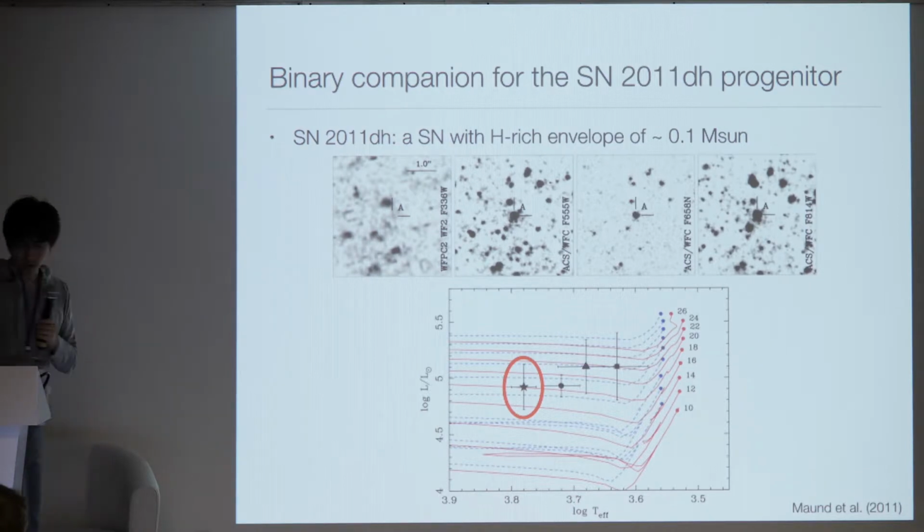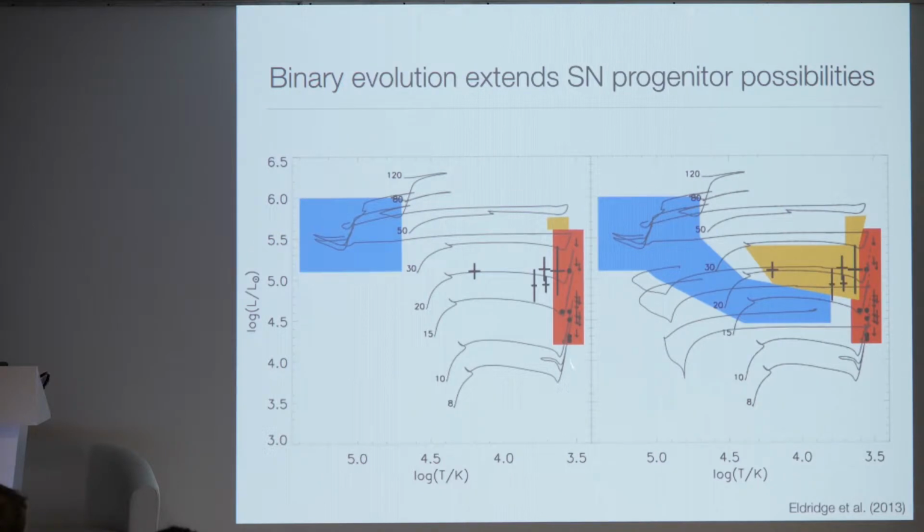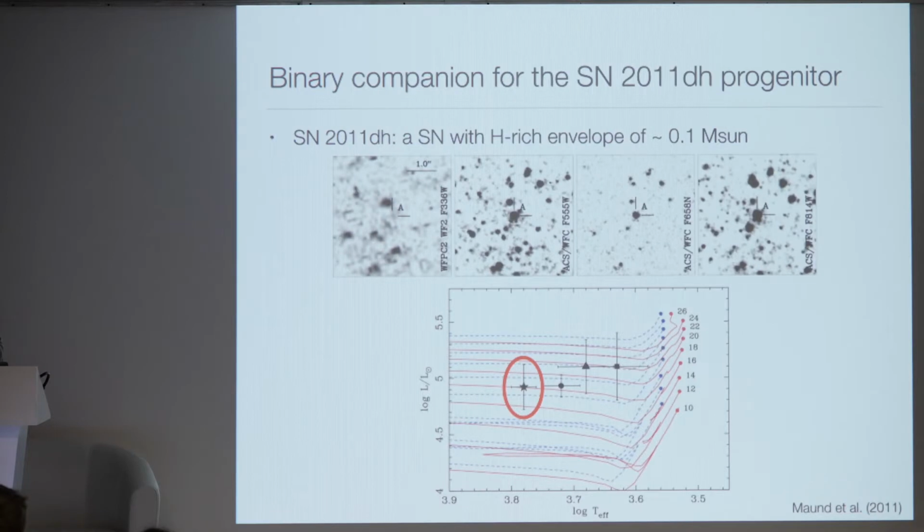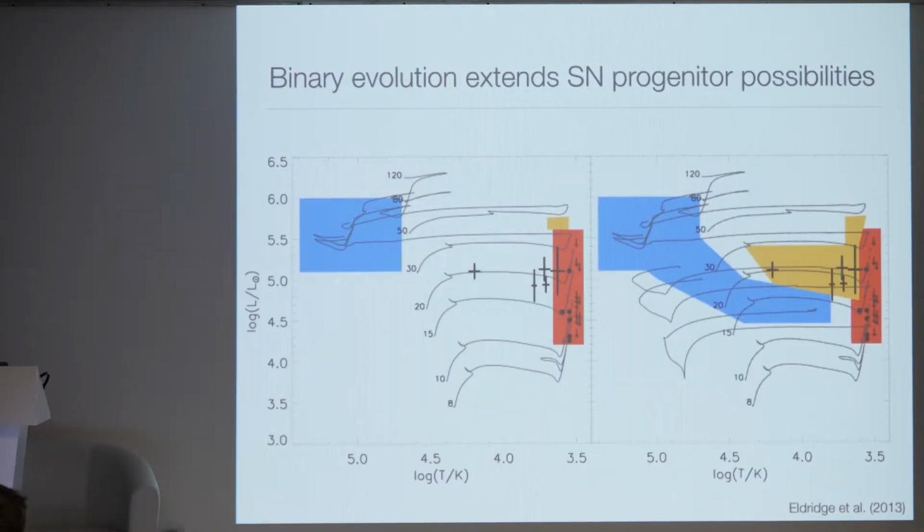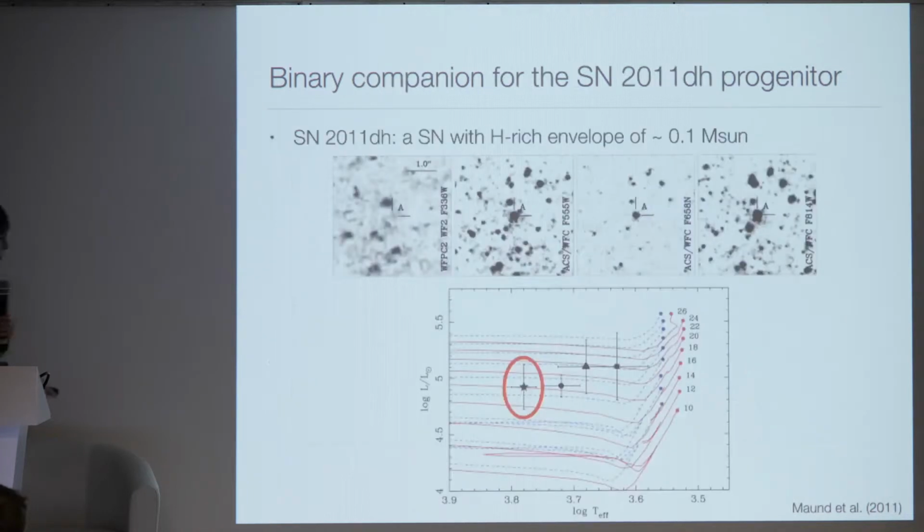And as I explained, this must correspond to somewhere there, I believe. Yes, maybe somewhere there. So this is again the HR diagram, and these are massive single star evolution tracks, and they won't die here, but this was the star which exploded.